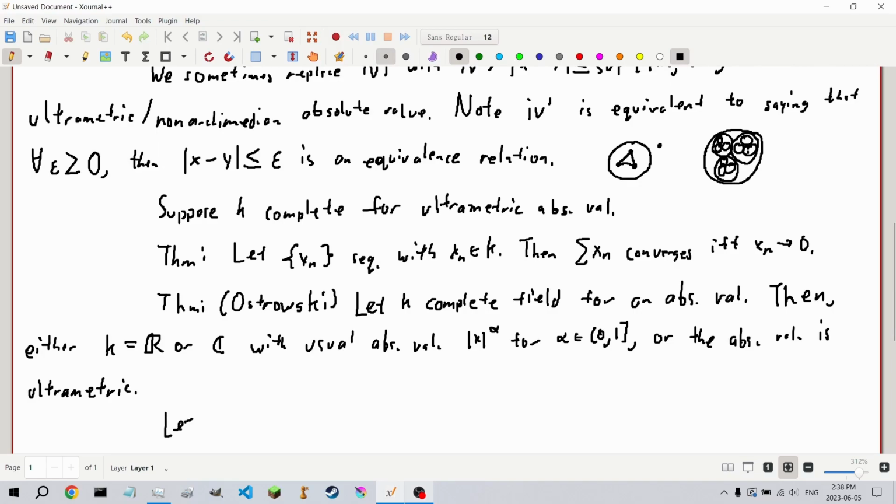Now we're going to let K again be a field with an ultrametric absolute value, and let a be a real number between 0 and 1.